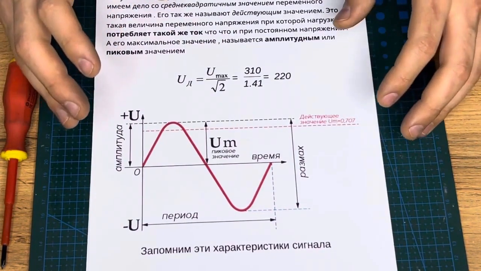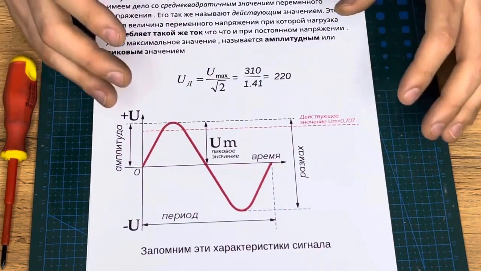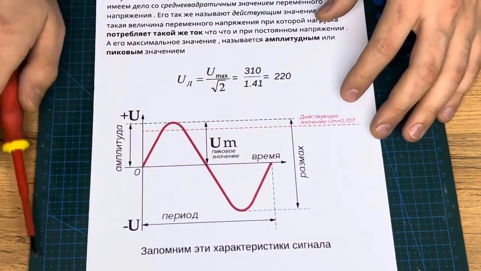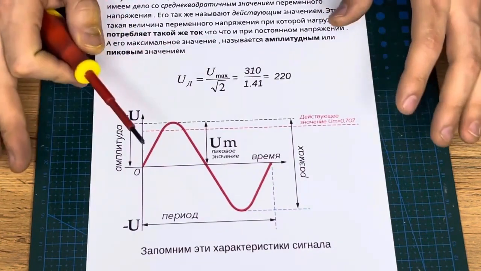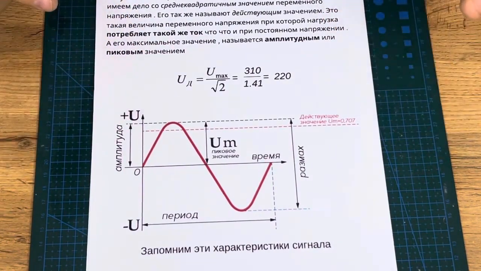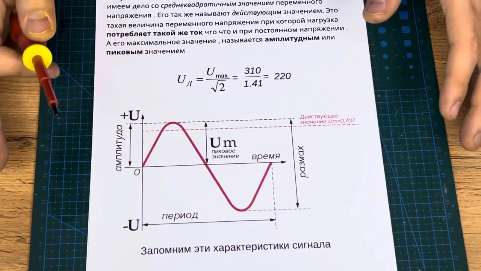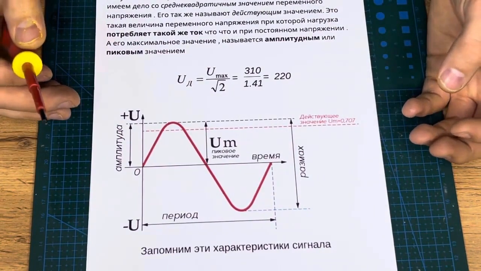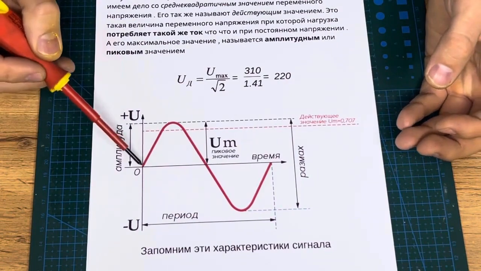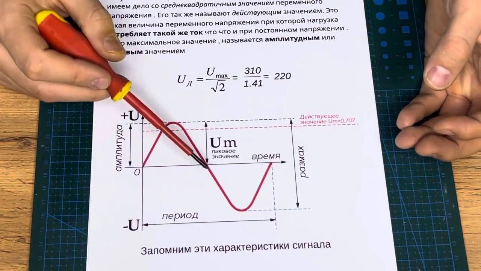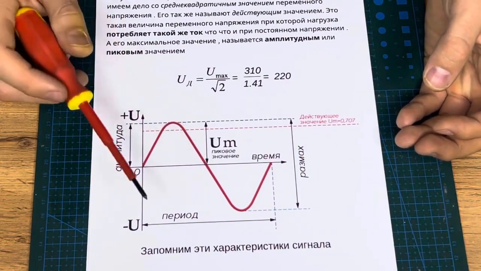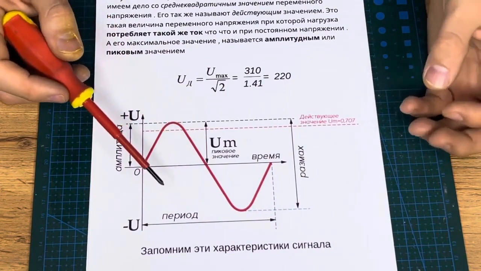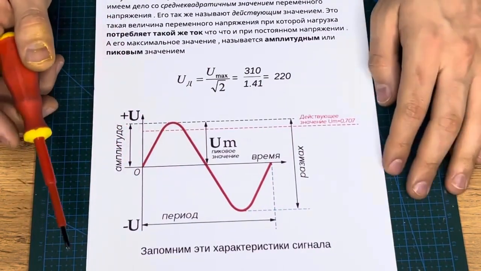In other words, it is roughly equated to direct current voltage. If a direct voltage of 220 volts is applied, the light bulb will shine brightly. Then, accordingly, if we apply not 220 volts, but 310 volts of alternating current, the light bulb will shine just as it would with 220 volts of direct current.